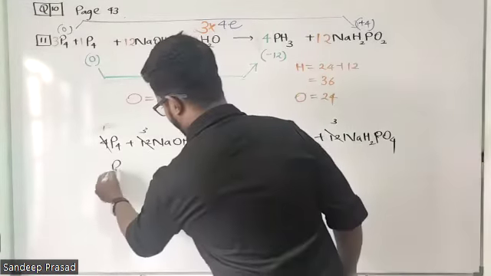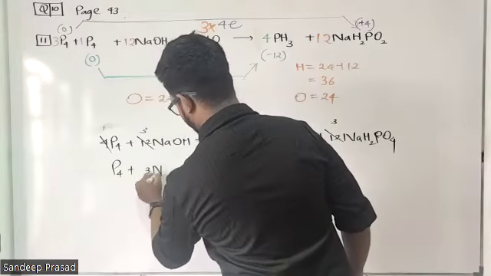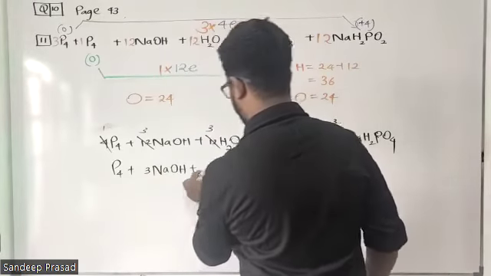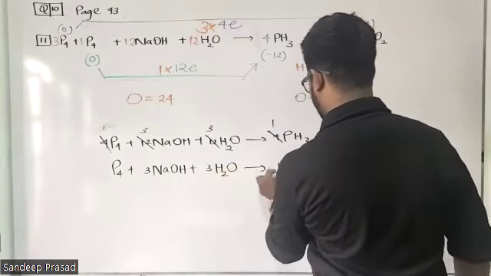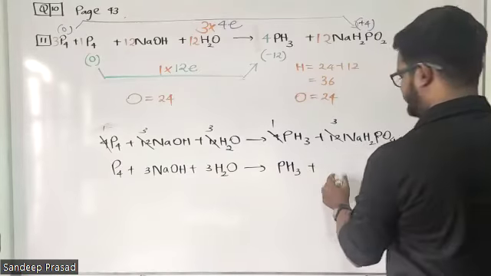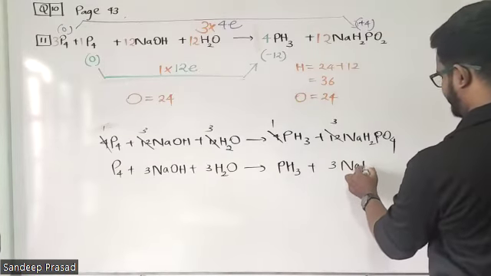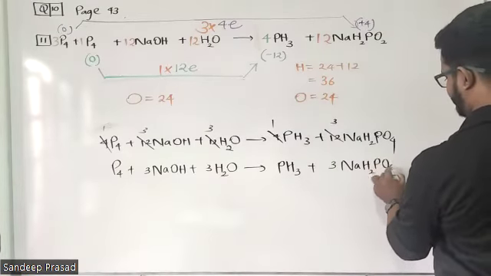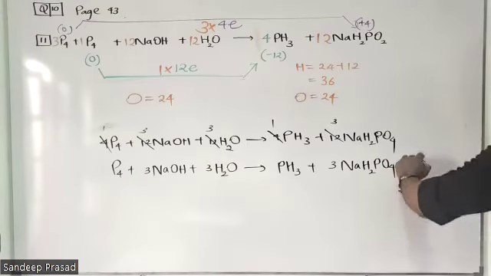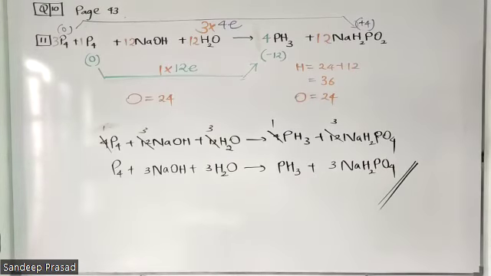Right? P4, 3 sodium hydroxide, 3 water molecules, phosphine, 3 NaH2PO2. Balanced chemical reaction. So this is the 11th one.